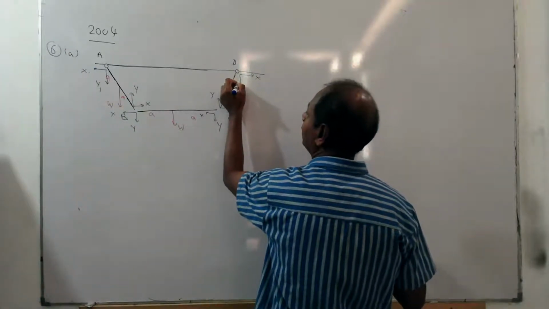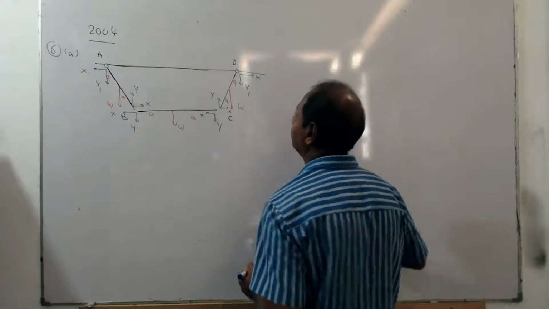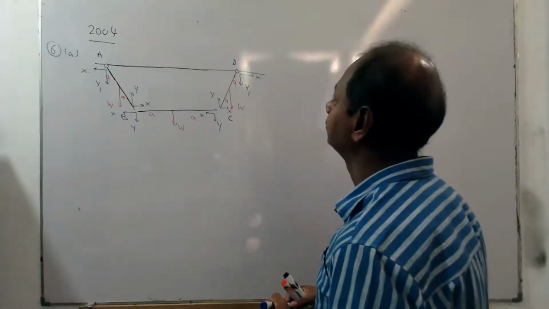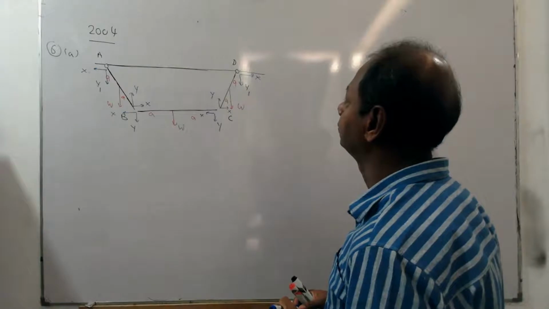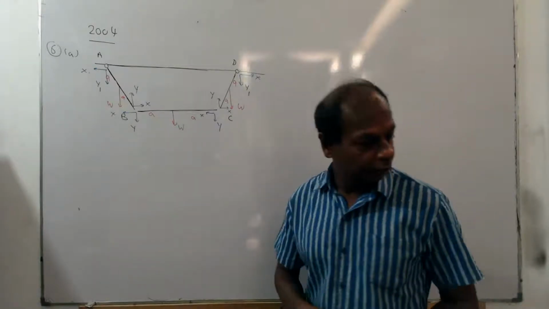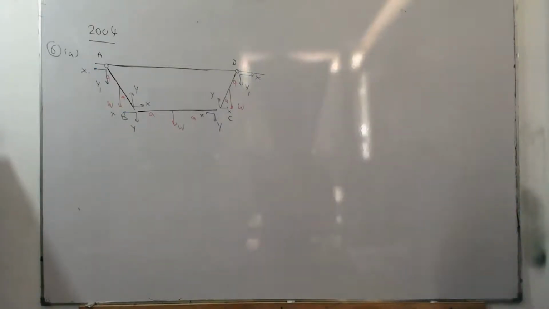X and Y1. Alpha is the inclination of AB and CD to the horizontal.